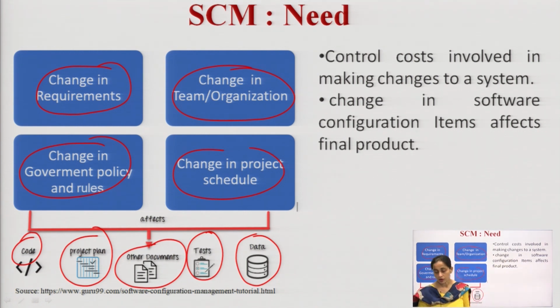So, we need to control the cost involved in making changes to the system, and there are changes in the software configuration items that affect my final product. That is the need for software configuration management, because everybody is affecting my software in one manner or another.